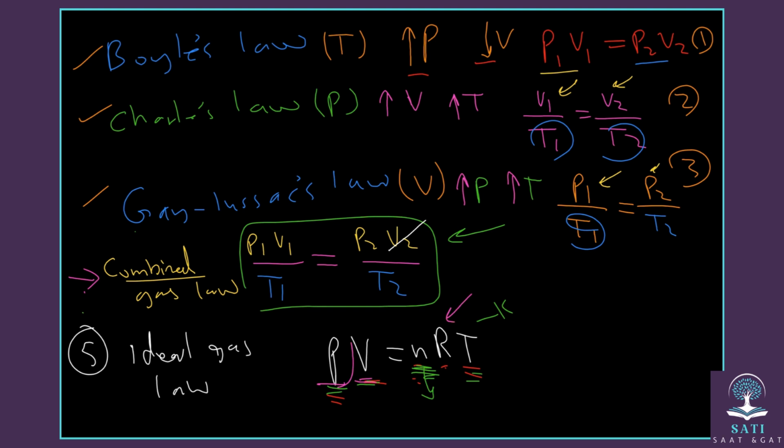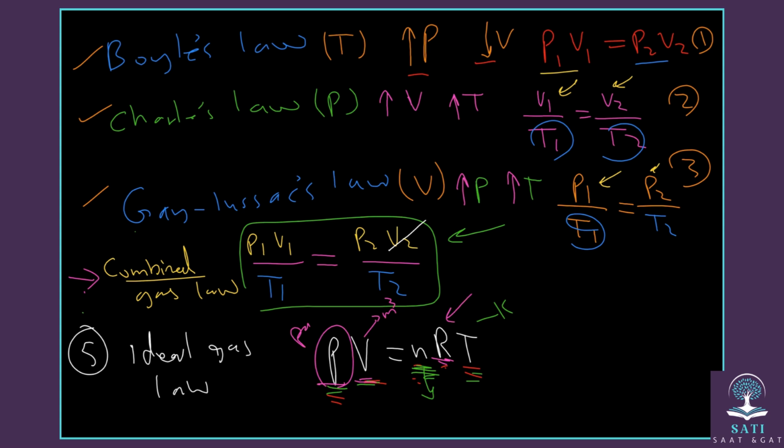If we are using the pressure in Pascal and the volume in cubic meters, the R will be around 8.314, and its unit will be Pascal cubic meter over mole Kelvin.